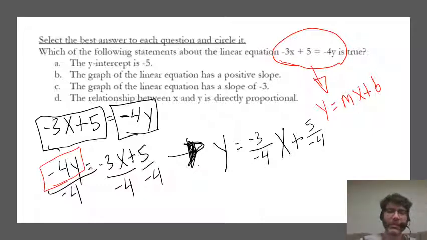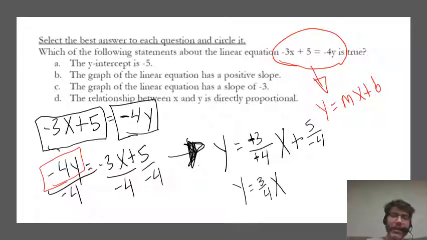Okay, we can clean this up. You see that negative over negative makes a positive? So that negative 3 over negative 4 is really just like a positive 3/4 x. And then do you see plus negative 5/4? You can clean that up too and just say minus 5/4.